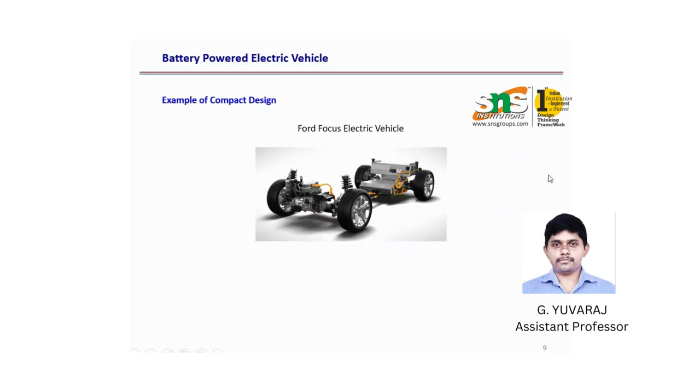Here you see a good example of a battery powered electric vehicle schematic diagram. First we see the engine, and here we see the battery storage and battery energy converter. This is the basic infrastructure of the battery powered electric vehicle.